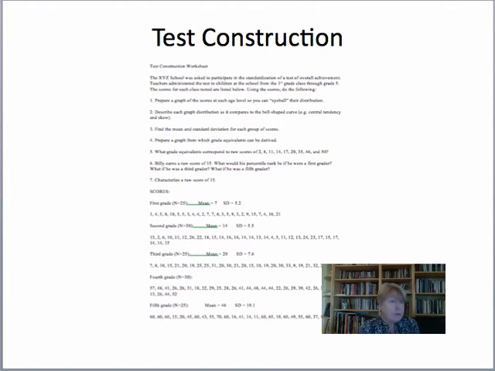Remember, I told you to look in the book and really understand what skew and kurtosis and all those kinds of things meant. And then jot down for each of the graphs a brief description of what kind of a curve it is. Okay? Take a moment to do that and then come back.